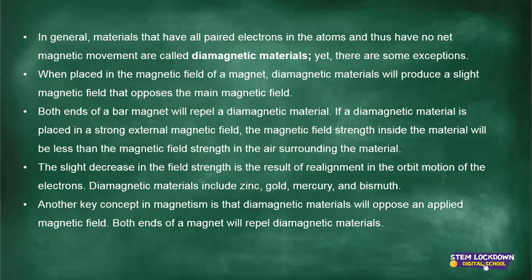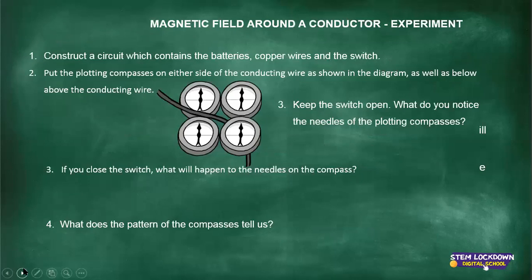In the next slide, I'm going to do an experiment. Through this experiment, we're going to decide if there's a magnetic field around a conductor, which is basically any wire around you.